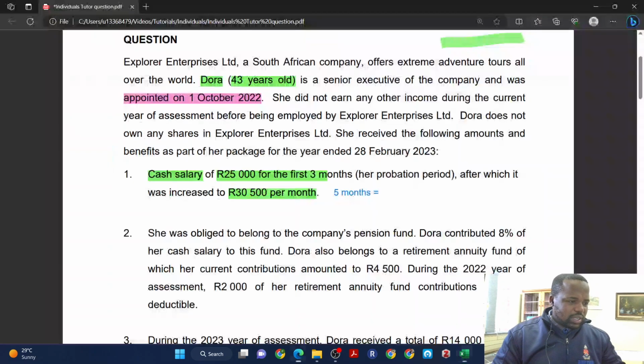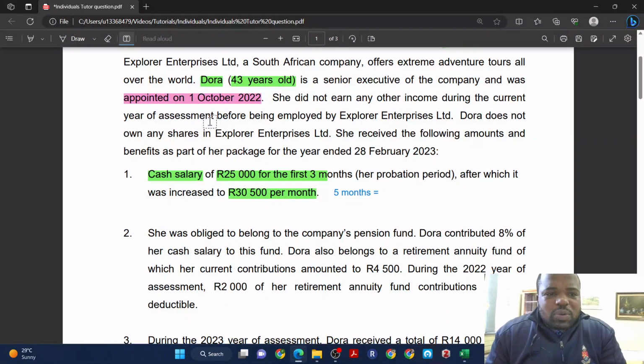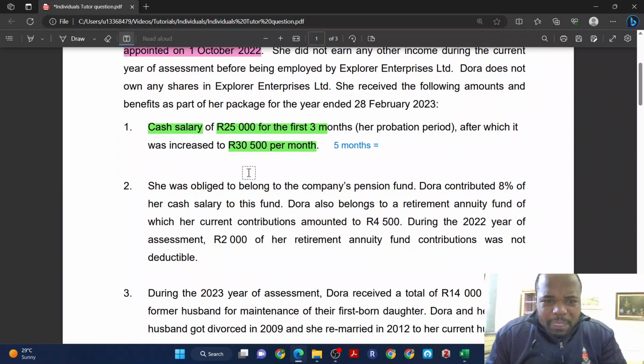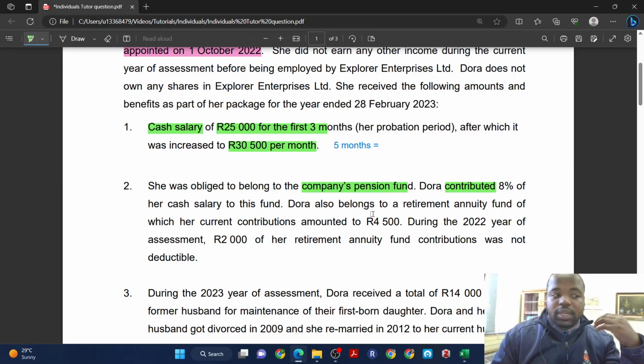Then we go on to the second note. We are told she was obliged to belong to the company's pension fund. Dora contributed to the company's pension fund, so she made a contribution towards her retirement.